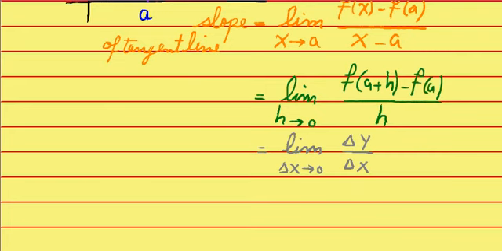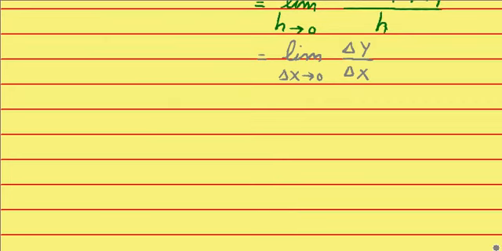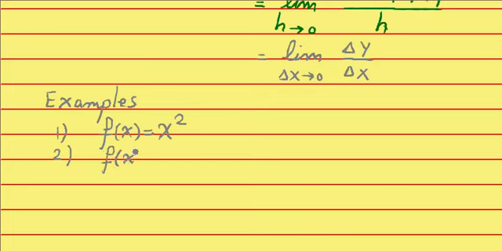So let's go ahead and quickly solve a few examples. So here I'm going to have some examples. Let's start with the very first one, a very simple problem. We have seen this before. F of x is equal to x squared. Next example I want to look at, a bit more involved in algebra, would be, say, 1 over x.